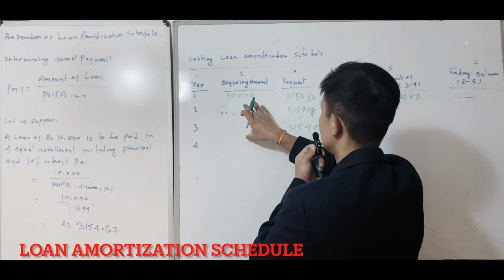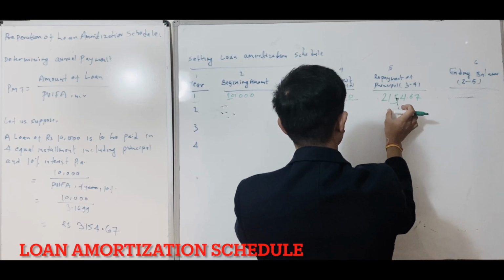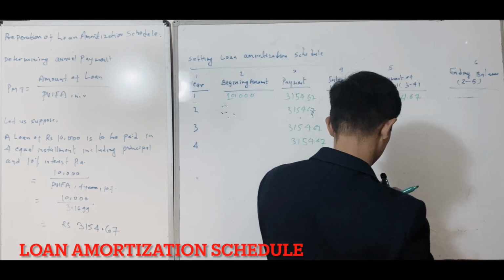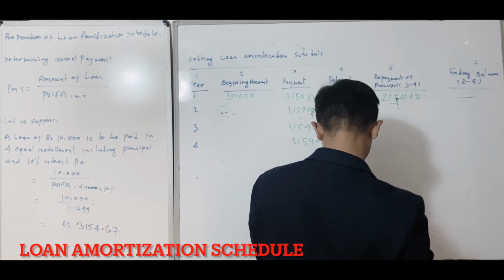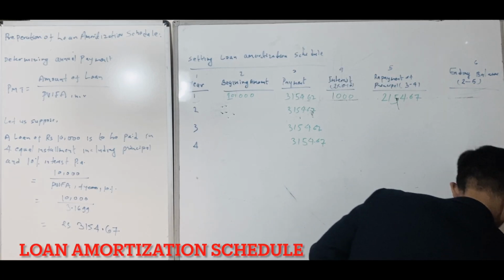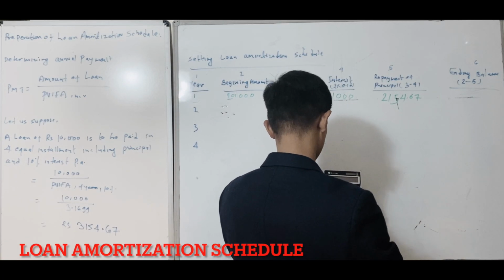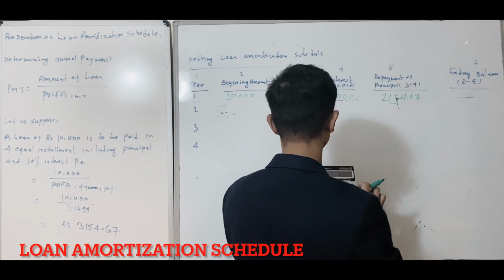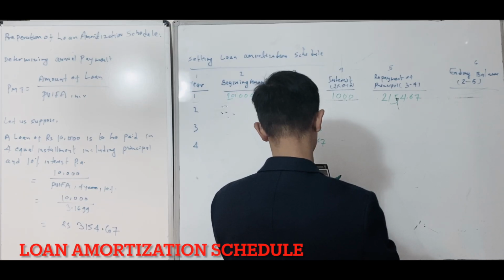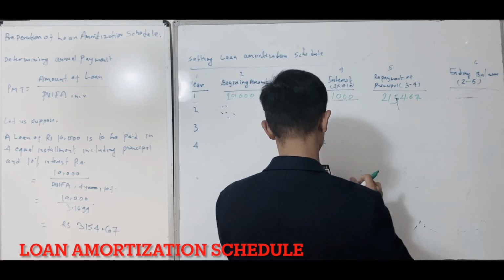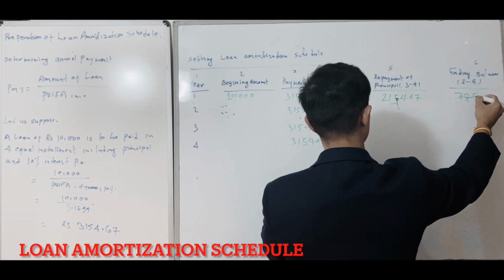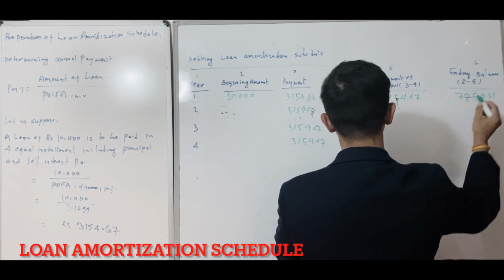So let's subtract 2154.67 from 10,000, it is 7845.33.